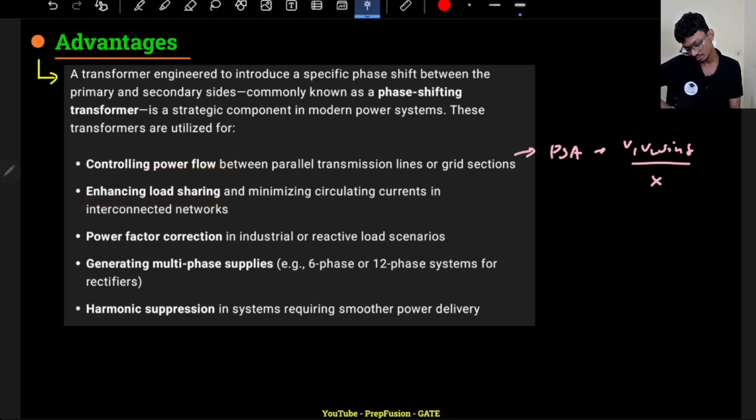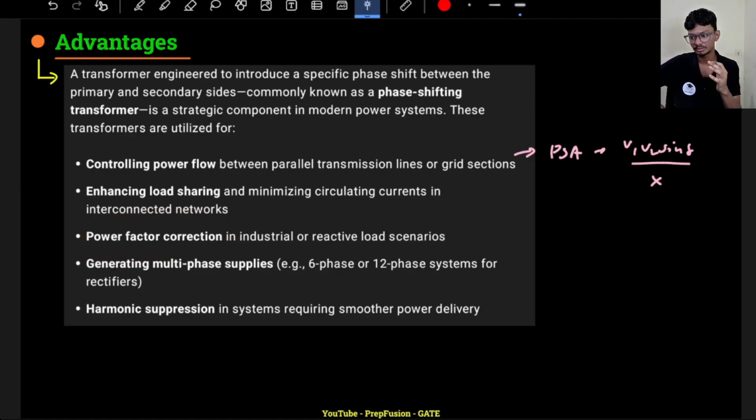Enhancing load sharing. By changing the phase shift, the load sharing also can be changed. Of course, if two transformers are operating in parallel, both of them must have same phase shift, but with overall phase shift, I can enhance my load sharing. Okay, power factor correction is a very important thing, because the loads are already lagging.